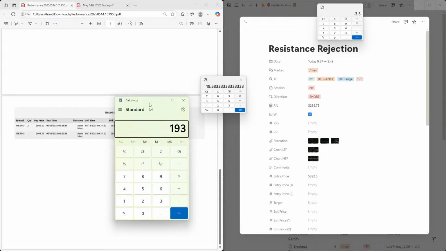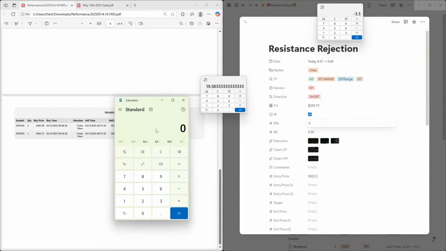So 19.58 divided by 3.5, so 5.59 is my actual R multiple. And I think I was aiming for beyond 4. 4 or more was good, but 5.59, it was a little bit more. I think it was almost like 6.